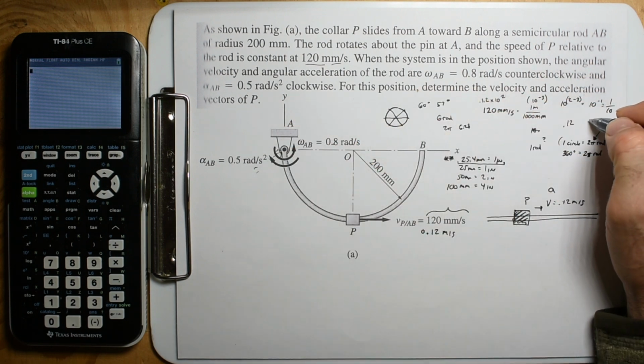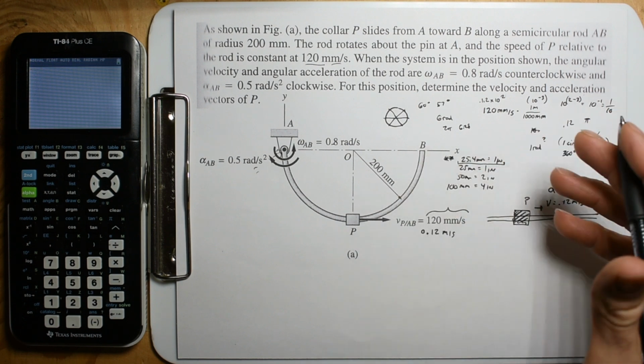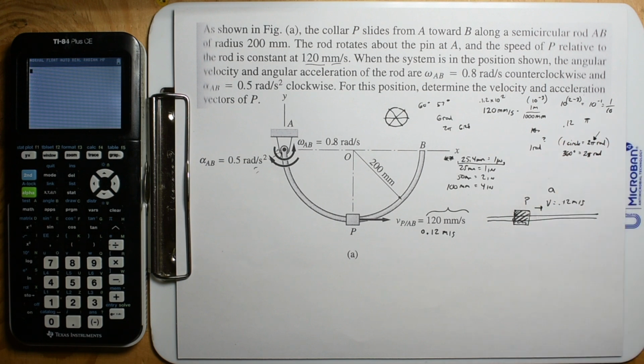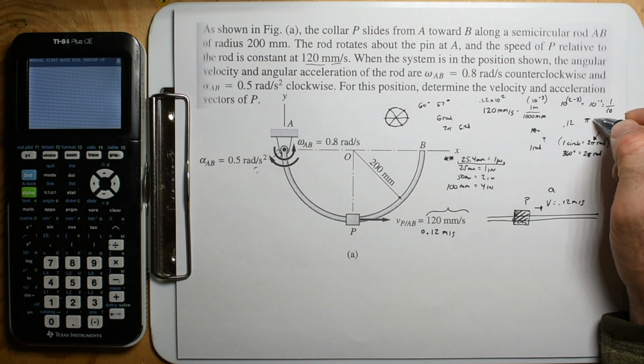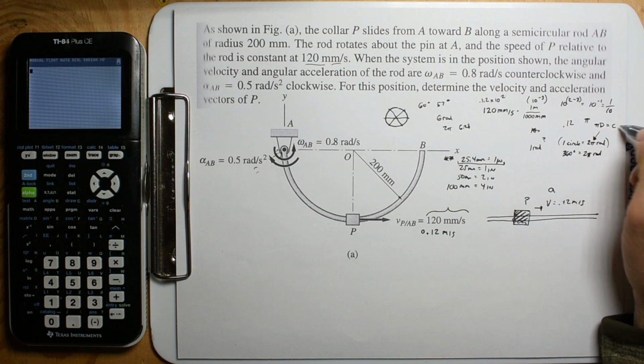Is pi only just a ratio of diameter to circumference? Is that all it is? Damn, I even forgot what pi is. So we have pi d is the circumference.